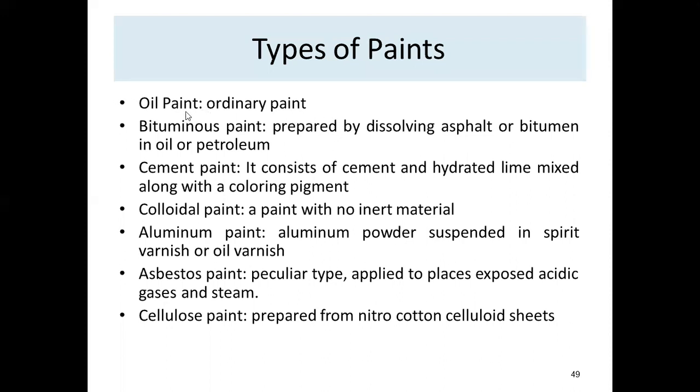Here we are discussing oil paint. Oil paint is an ordinary paint which essentially consists of two main ingredients. The first one is the base, and the second one is the vehicle.